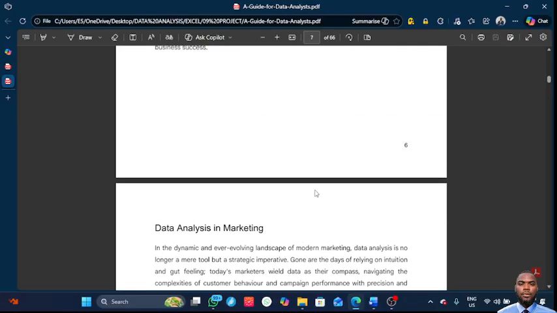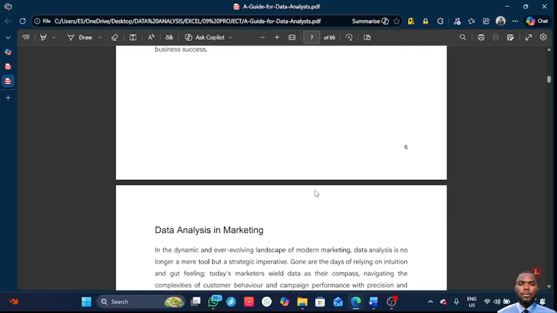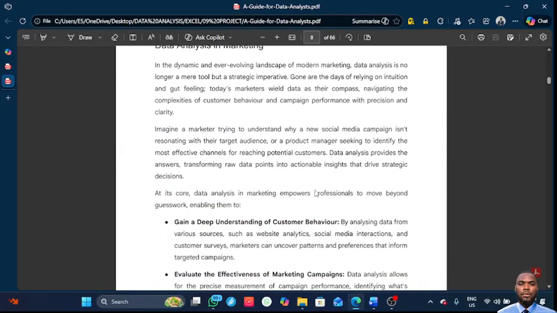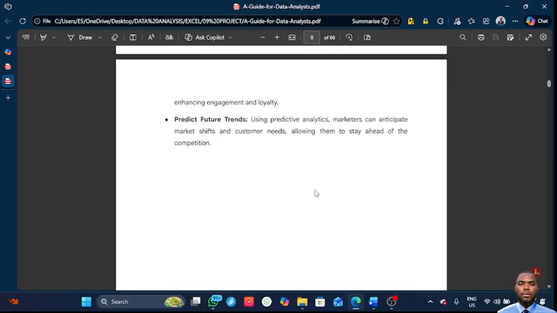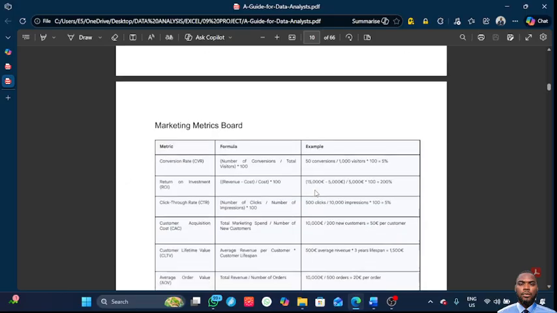On this PDF, you have analysis in different fields. For example, marketing, sales, healthcare, and so on and so forth, right? Now, in each of these fields, we have metrics that are unique to that field, like success metrics or key metrics. And you can see them in this PDF.